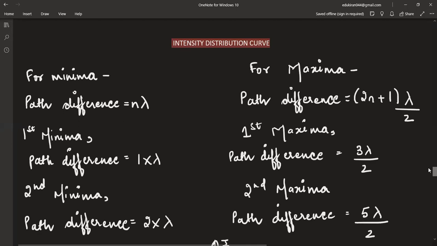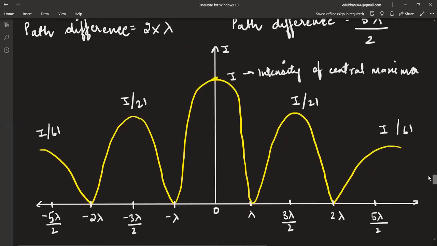So when we plot the intensity graph versus the displacement that is occurring, these are all the values that we have taken. Intensity gradually diminishes, it decreases, and it finally becomes 0. So remember, intensity of central maxima is more, then it decreases, irrespective of whether it's minima or maxima.